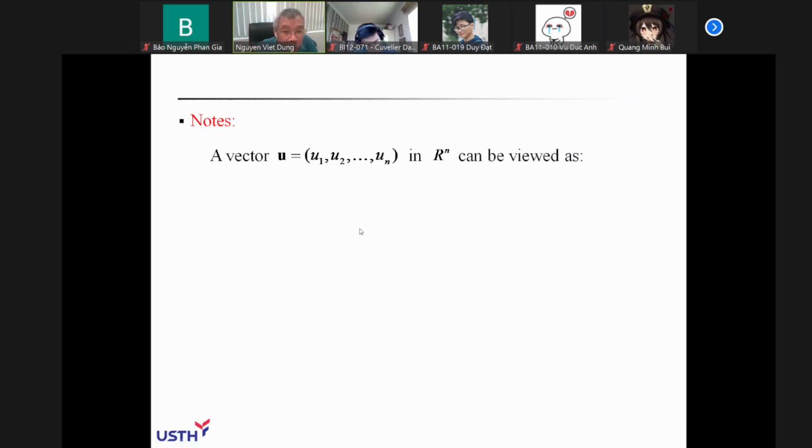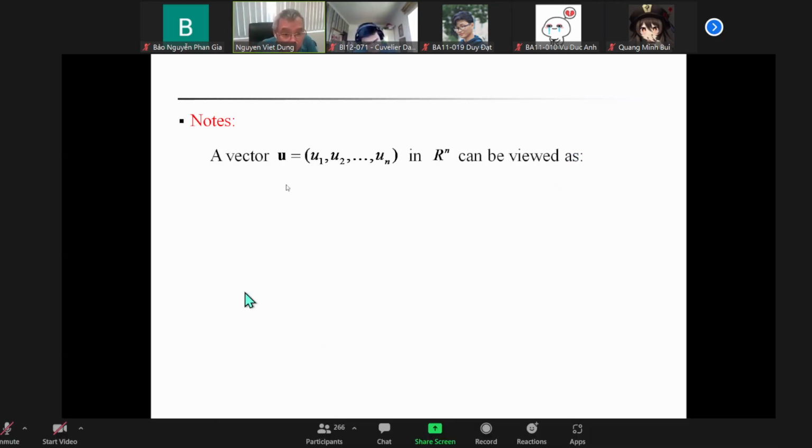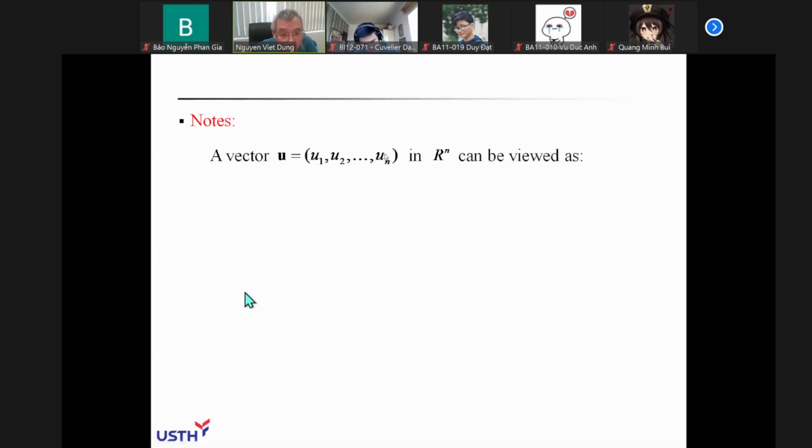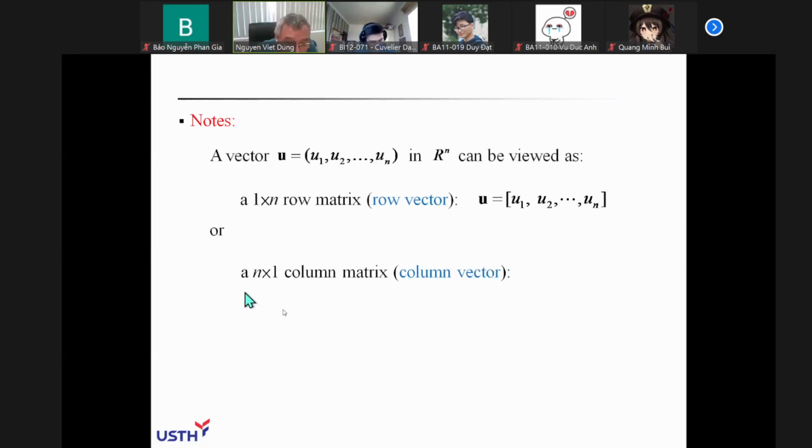A vector in Rn usually is a sequence of real numbers like that, but anyway we can view it as a row matrix like that. Also we can write it as a column matrix by this one. So we have 3 different ways to write a vector.